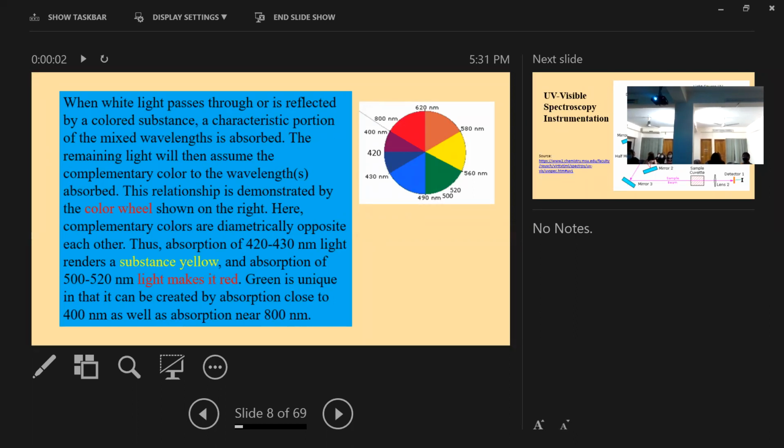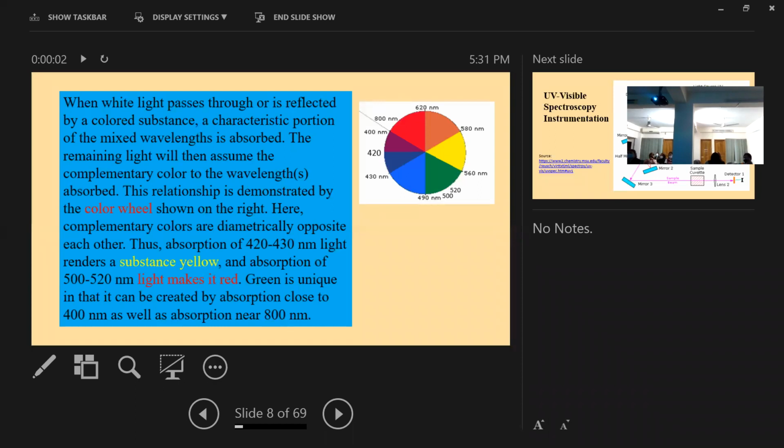When we pass white light, that means we are getting light from different sources. What color will we observe? That is determined by this circle. This relationship is demonstrated by the color wheel shown on the right. Here, complementary colors are diametrically opposite each other. Take 420 to 430 nanometer.